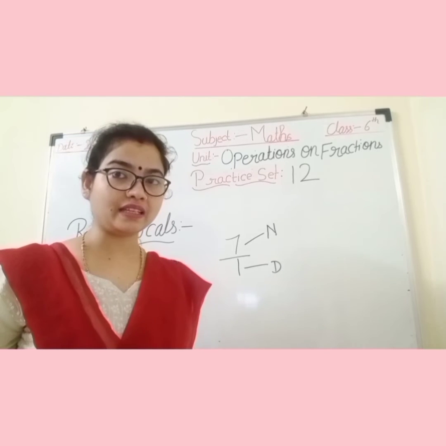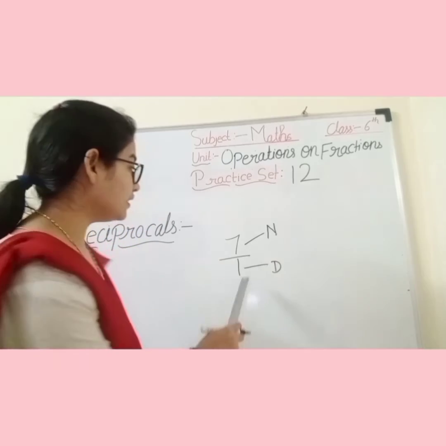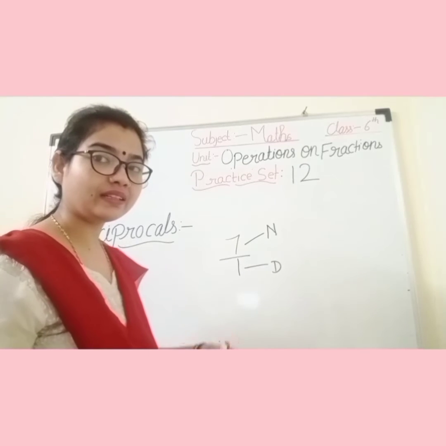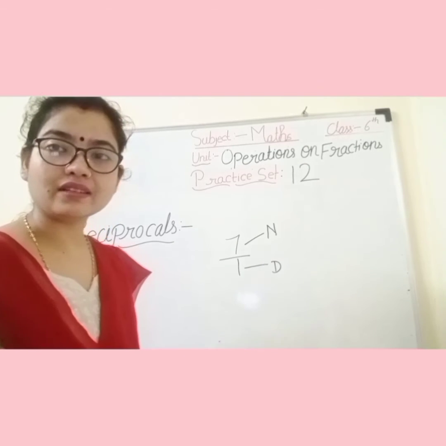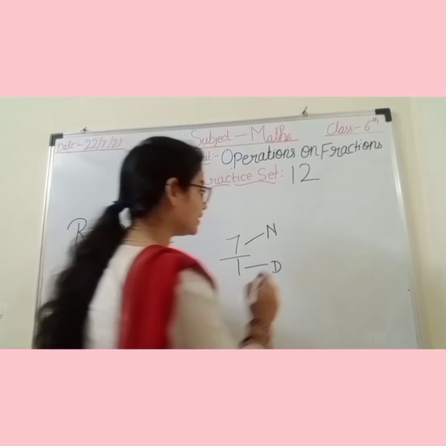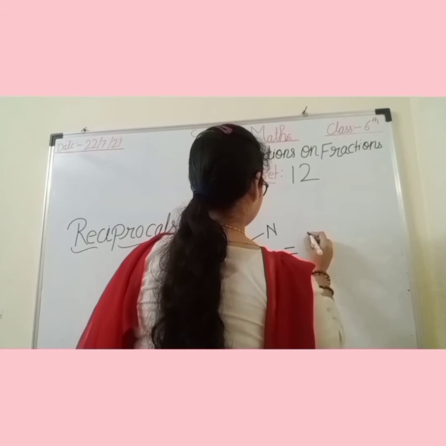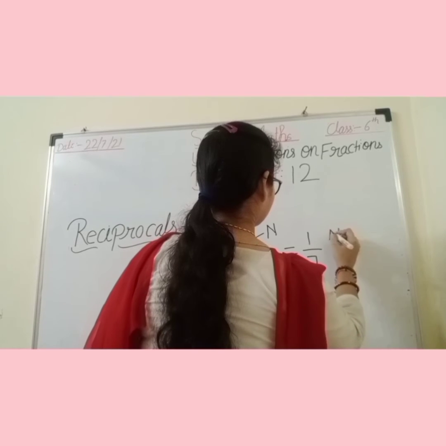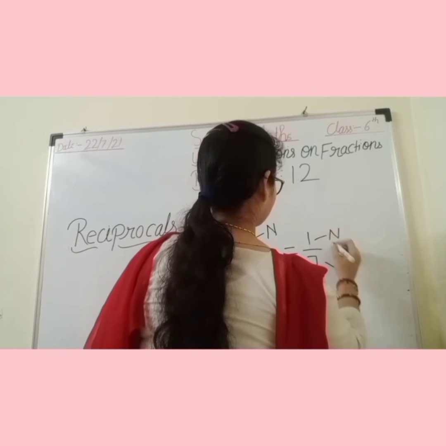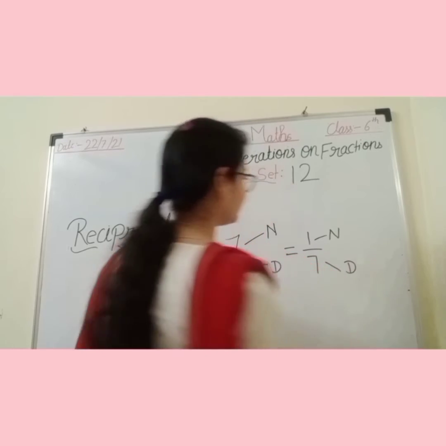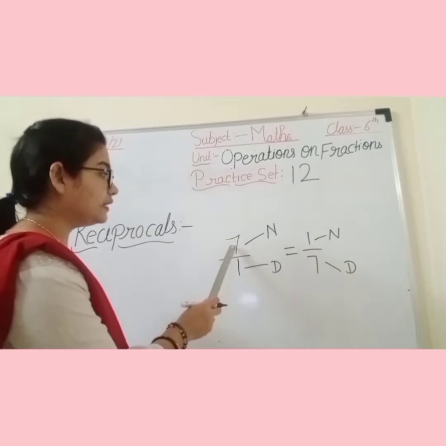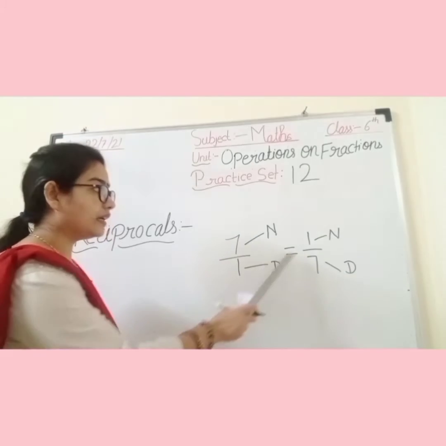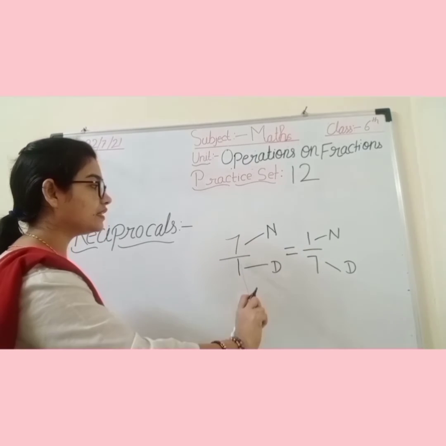When you interchange the position of numerator and denominator, you will get the reciprocal. See here how you will get it. Initially 7 was numerator and 1 was denominator. In this case, I have interchanged.